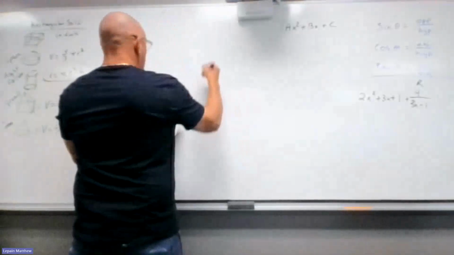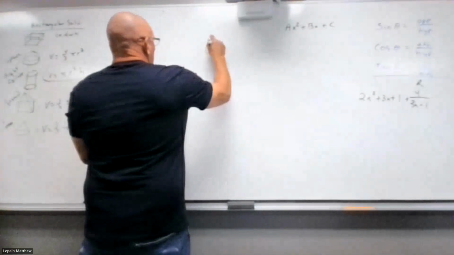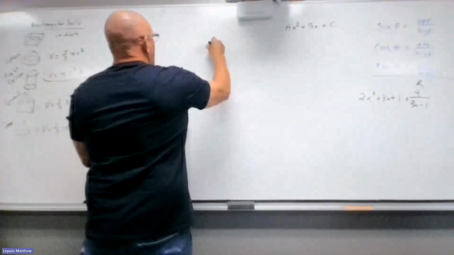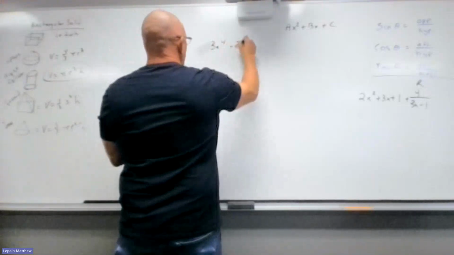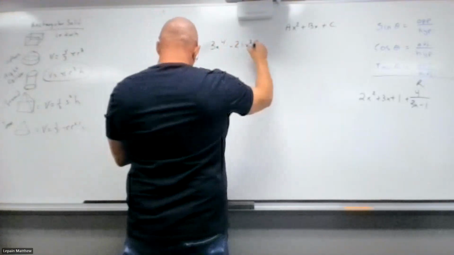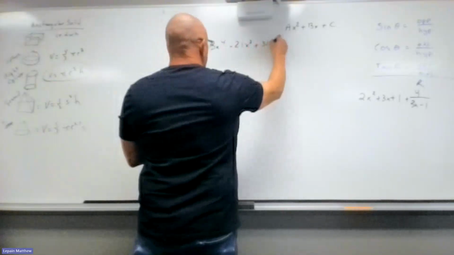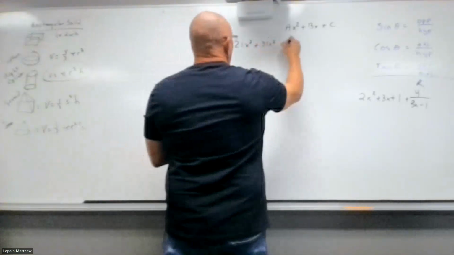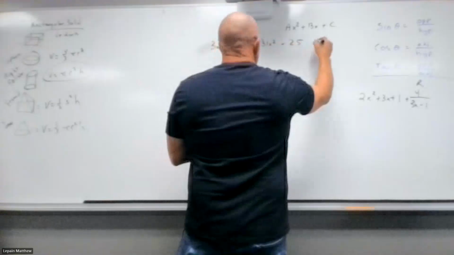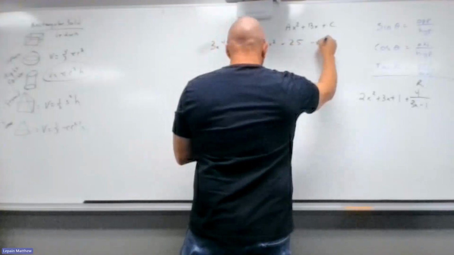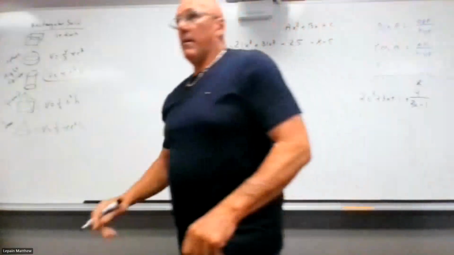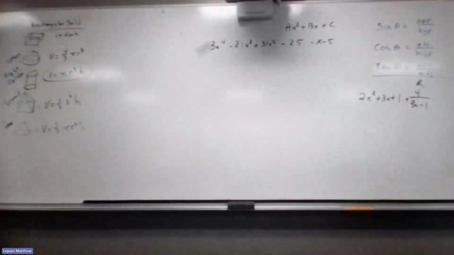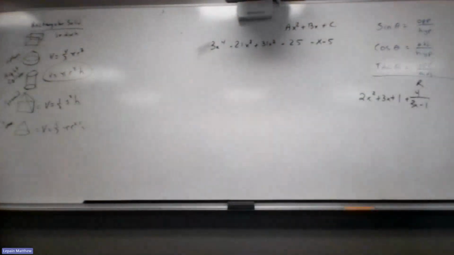We got 3x to the 4th minus 21x cubed plus 31x squared minus 25 divided by x minus 5. Pay attention real close. Am I missing something? Yeah, I'm missing the x, right?